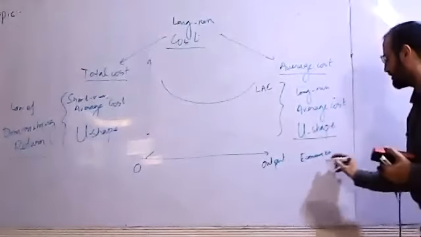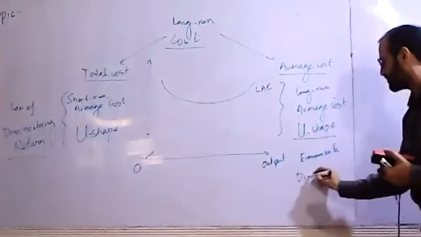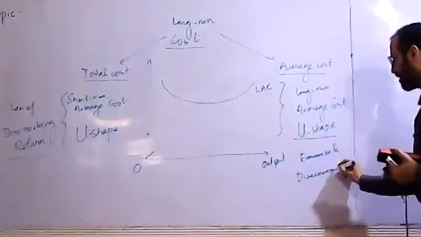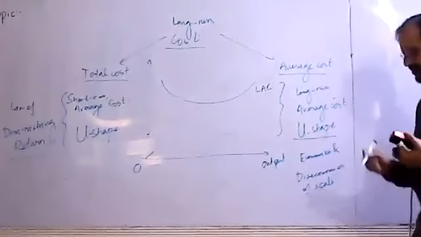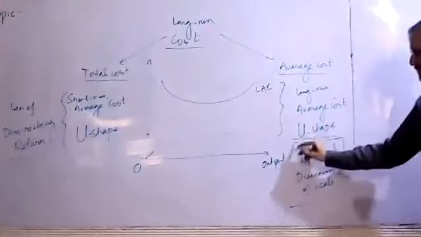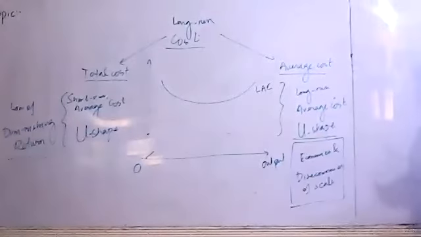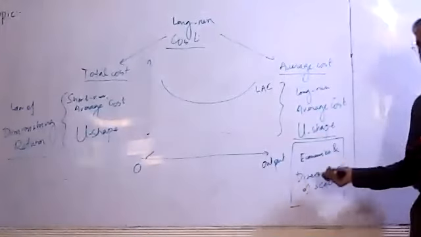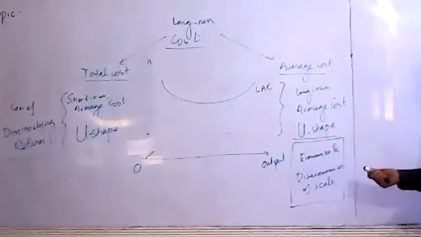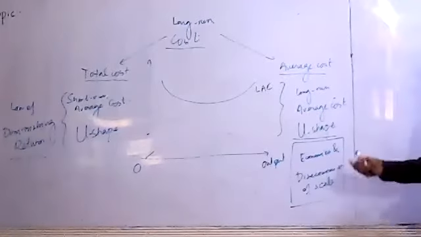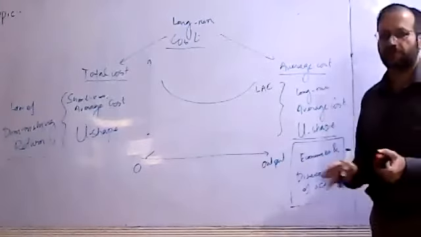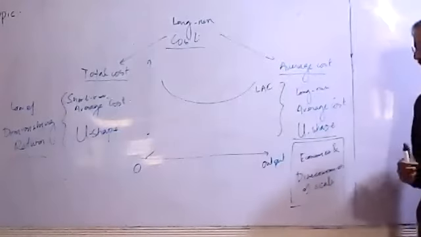economies and diseconomies of scale of production. We know that large firms, when they are producing, eventually get some benefits and some disadvantages. So they are known as economies and diseconomies of scale. We have a separate topic and discussion for that, which we can discuss in our upcoming lessons.